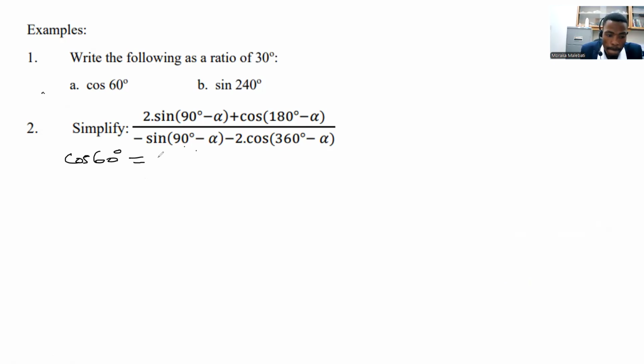Remember we are dealing with co-ratios. So we should make sure that this is 90 minus 30 degrees. They say you're expressing this in the form of a ratio of 30, so to get 30 from 60 we must say 90 minus 30, right?